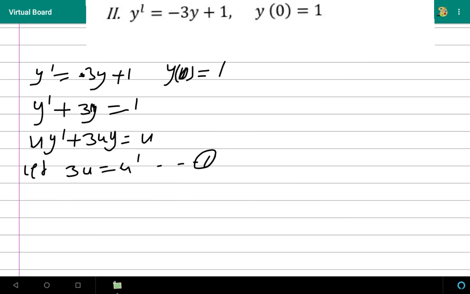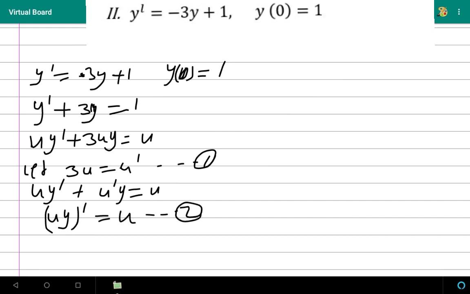So say this is equation 1, implying that my u y prime plus u prime y will be equal to u. Factorize it, I have u y all prime equal to u. So this is my equation 2.